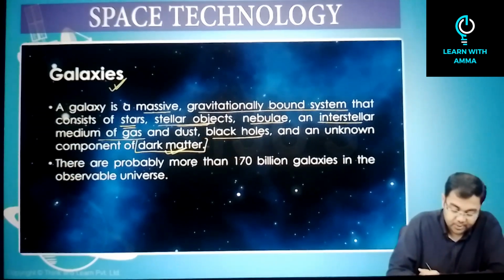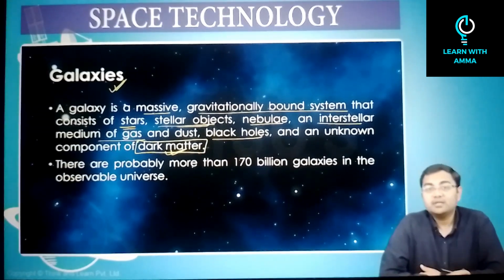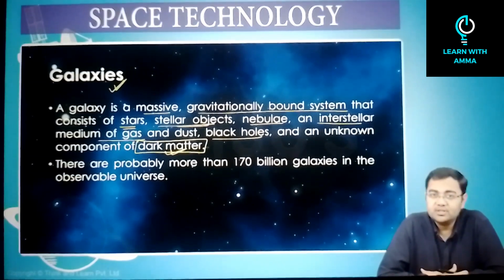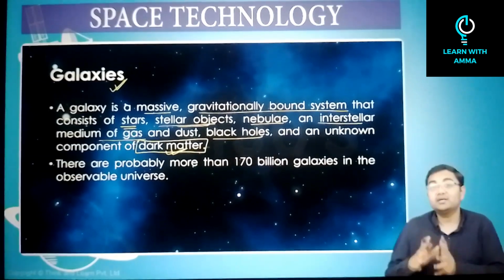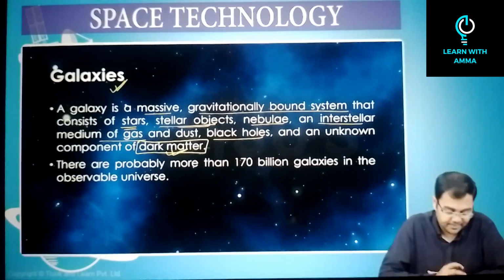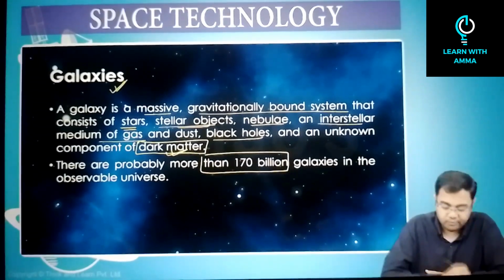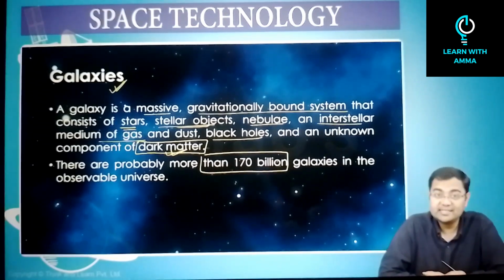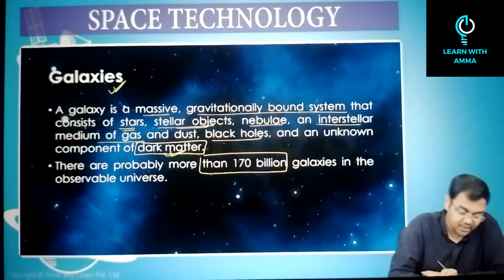So this is also very important, that it's not only about the stars and everything associated with the stars and the star systems, but rather dark matter is also an integral part of any galaxy. There are totally more than 170 billion galaxies in the observable universe at the current time.